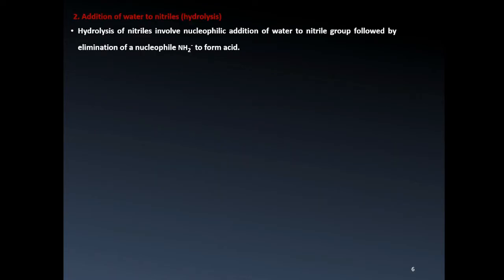Hydrolysis of nitriles involves nucleophilic addition of water to the nitrile group followed by elimination of a nucleophile, NH2 minus. It forms an acid. So for the mechanism we'll take nitriles and water. It will form RC(=O)NH2.